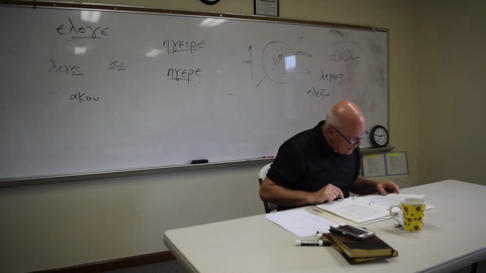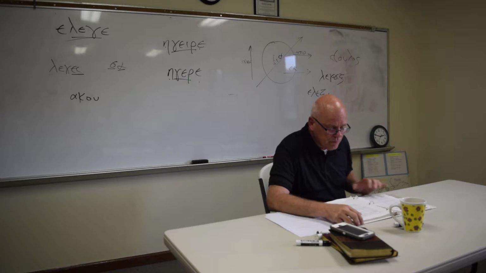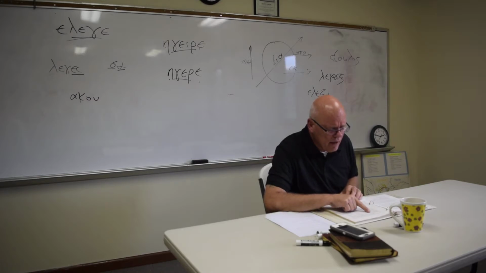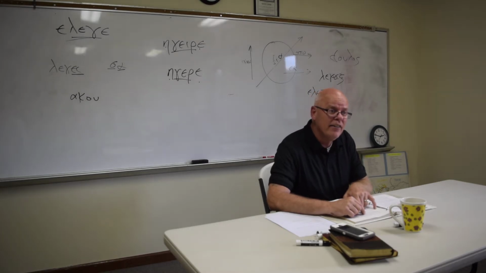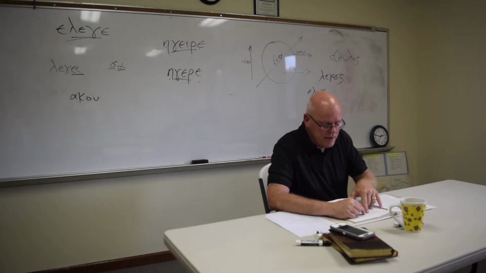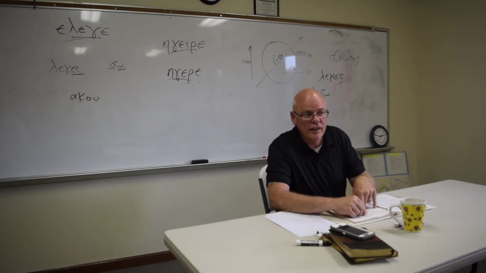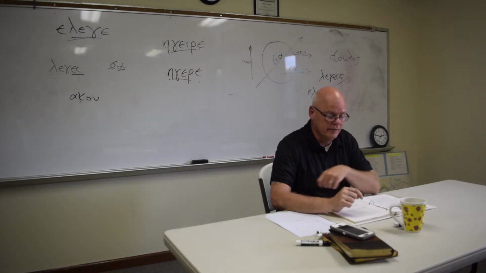So let's look at hagios. This is where you're going to see your differences. Under nominative singular, you've got hagios, and then hagia. You would expect to have an eta there, but because the stem ends with an iota before the alpha, you're going to have an alpha rather than an eta.